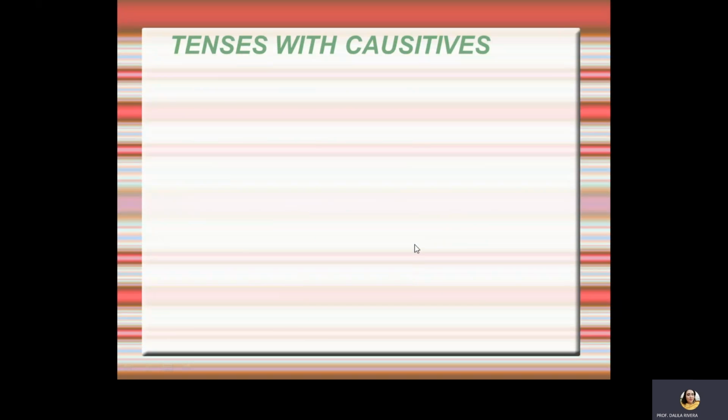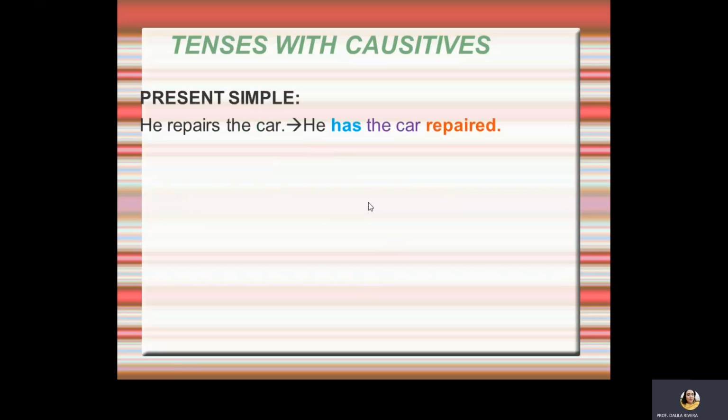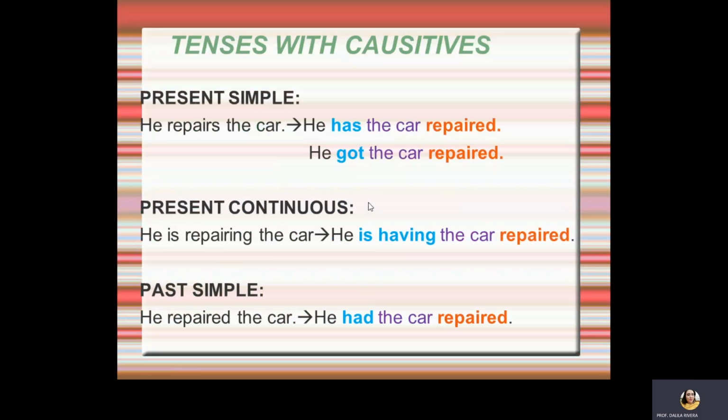Here we're going to check several examples with the causative. This causative can be used in any tense: present, past, present continuous, past continuous, etc. Here we have some examples. He repairs the car. He has the car repaired, or he got the car repaired.